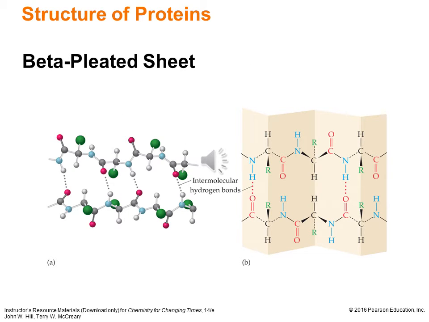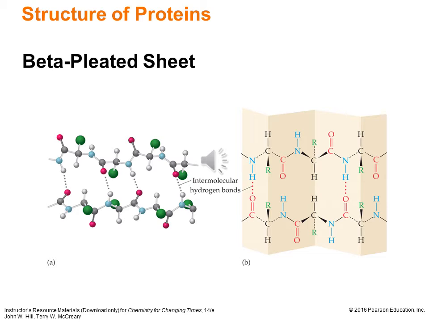So we see in this particular picture a beta pleated sheet moiety. Moiety is just a fancy way to say structural feature. And so if we have the primary structure that we see here, and then it goes and bends around itself and then links back, now we've set ourselves up for optimal hydrogen bonding between the NH groups of the top sheet and the carbonyl groups of the bottom sheet.